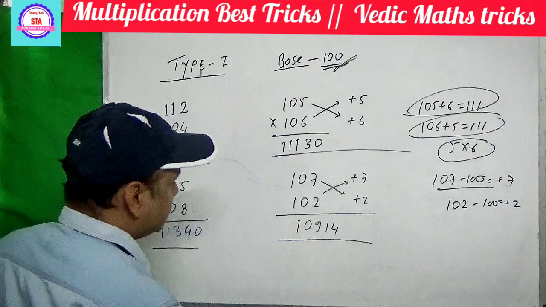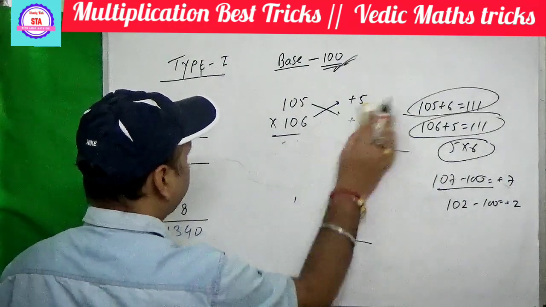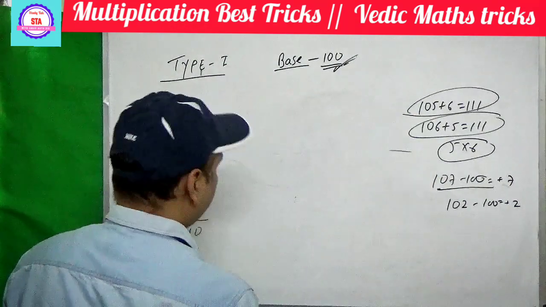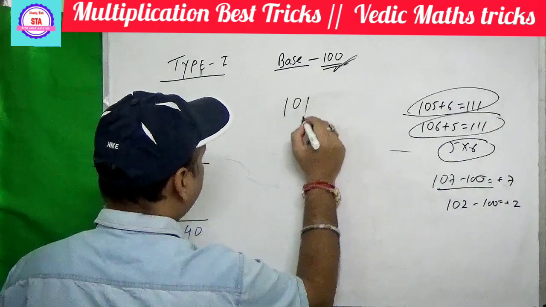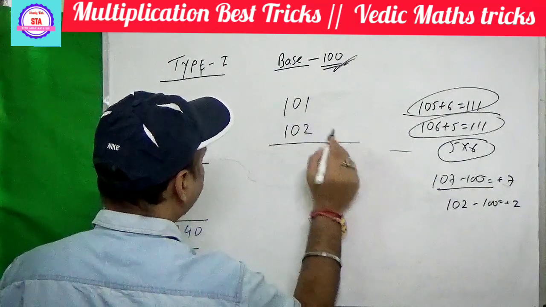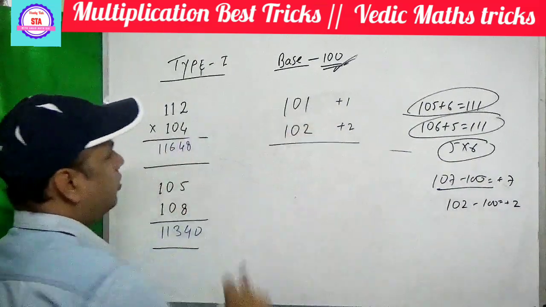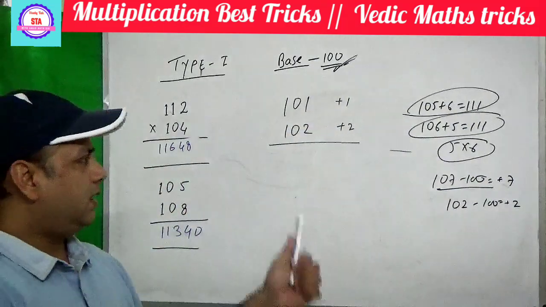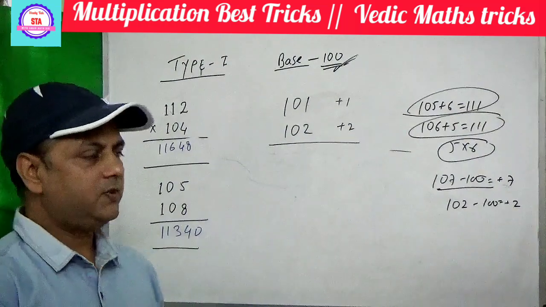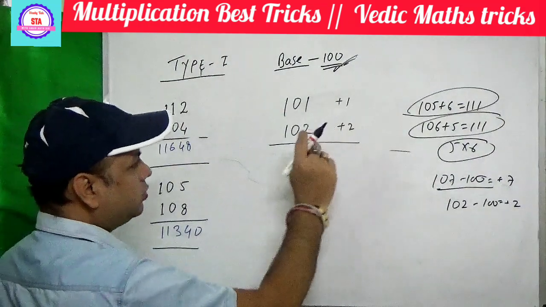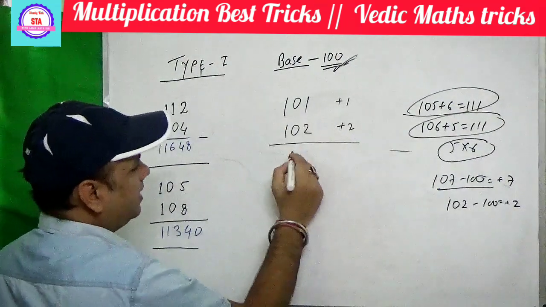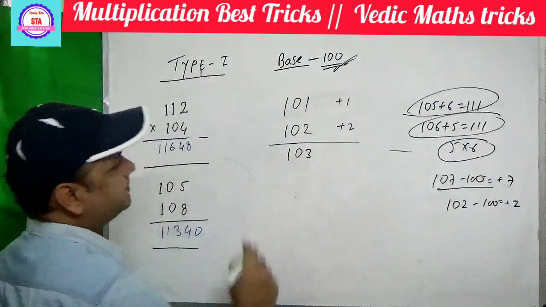Okay. Take some more examples. Like 101 and 102. This is plus 1 and plus 2. 101 is 1 more than 100 and 102 is 2 more than 100. Write plus 1 and plus 2. Add this plus this, that is 103.